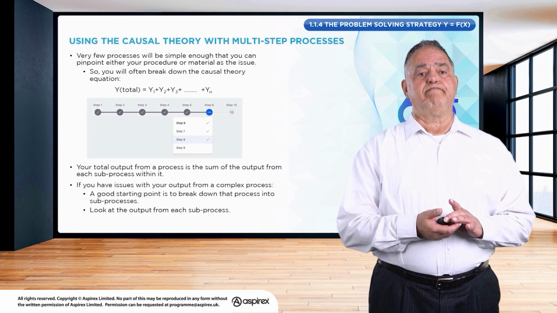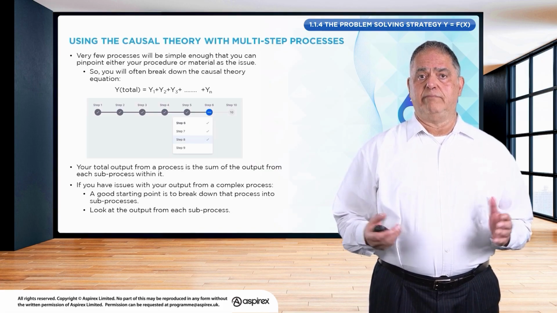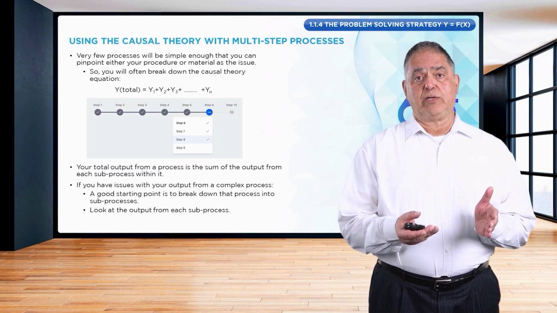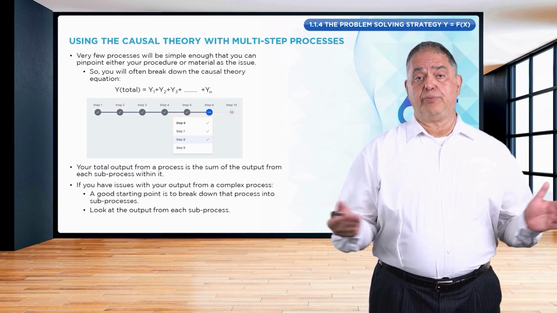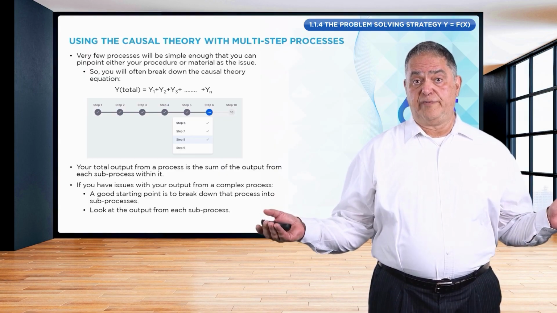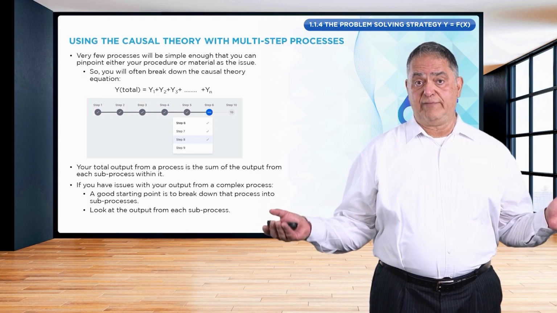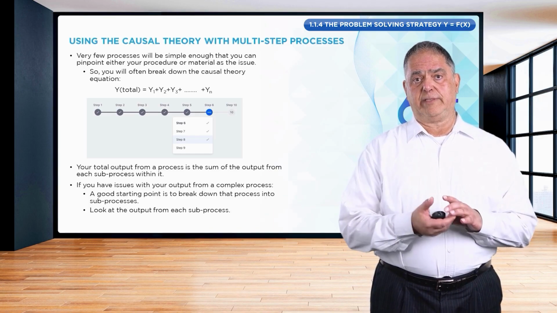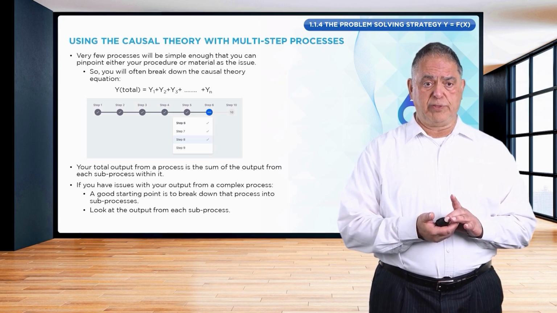So, in real life, processes are complex. They do not comprise one step, they comprise a series of successive steps that have to be completed in order to have a desirable effect, which is the process output.